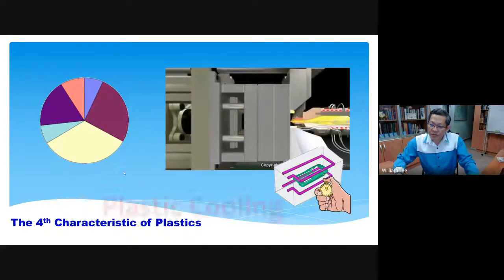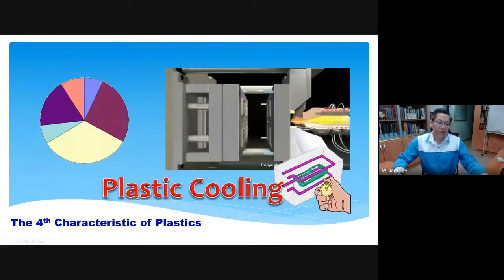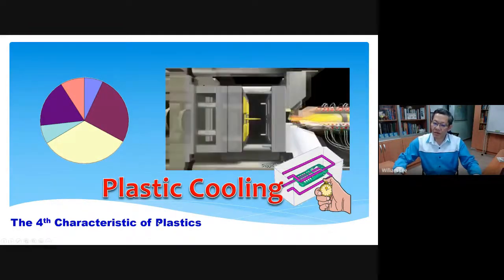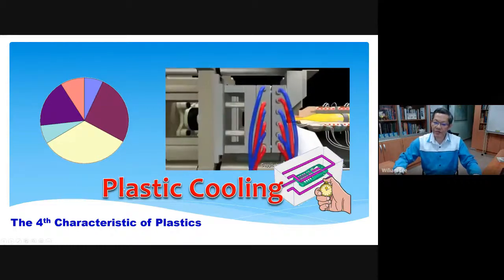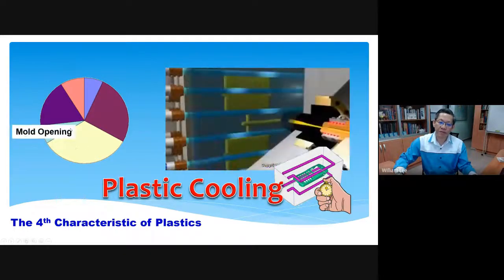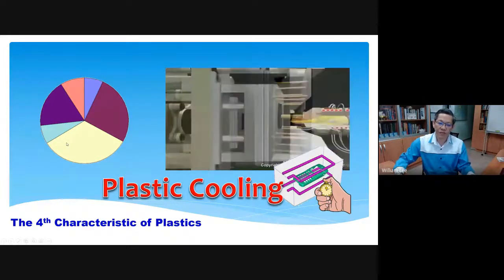And the last one is plastic cooling. Plastic cooling can also affect the productivity of the molding cycle. When you look at one molding cycle, the time is spent on, for example, mold opening. I have a chart here to show you the time occupied by the various functions in the molding cycle.